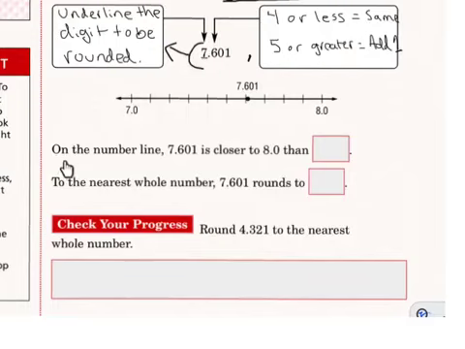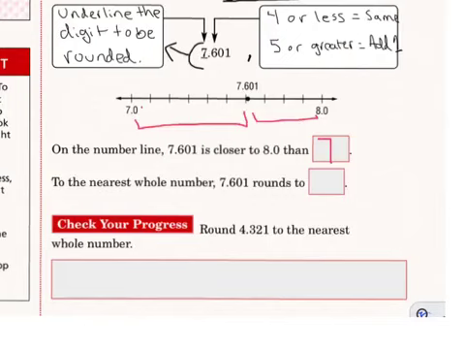You can see on the number line that 7.601 is closer to 8 than it is to 7. You can see 7.601, and here's the 8, and here's the 7. You can see that the distance from here to 7 is farther than to the 8. So on the number line, 7.601 is closer to 8 than 7.